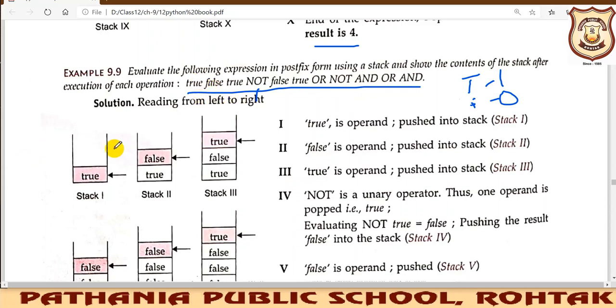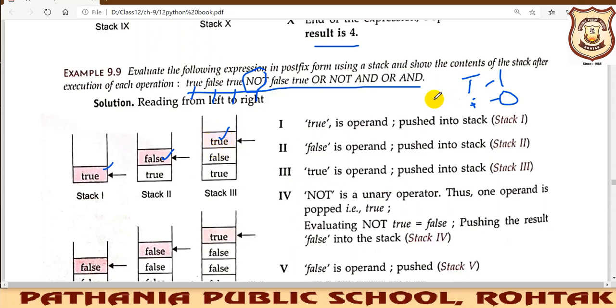So firstly true will be pushed. The stack pointer is indicating to it, then we will push false. Now the stack pointer is indicating to this position, then we will push true. Then we will push not. Not is an operator. As we are pushing an operator, it will take out operands from the stack.